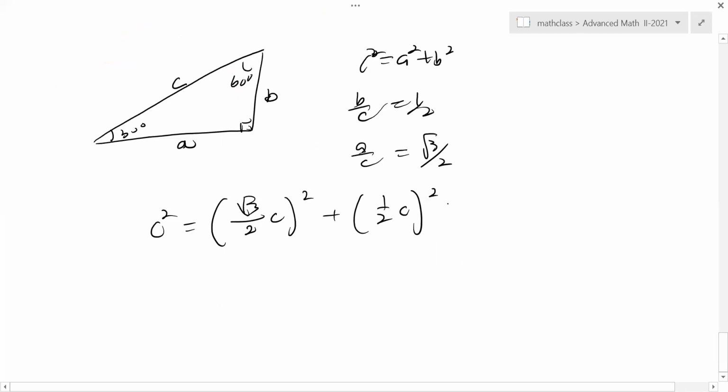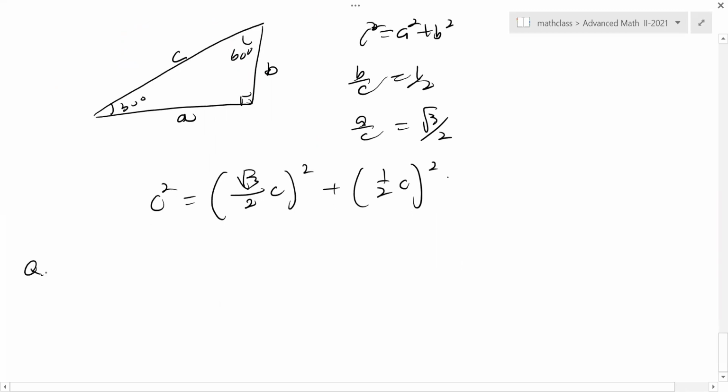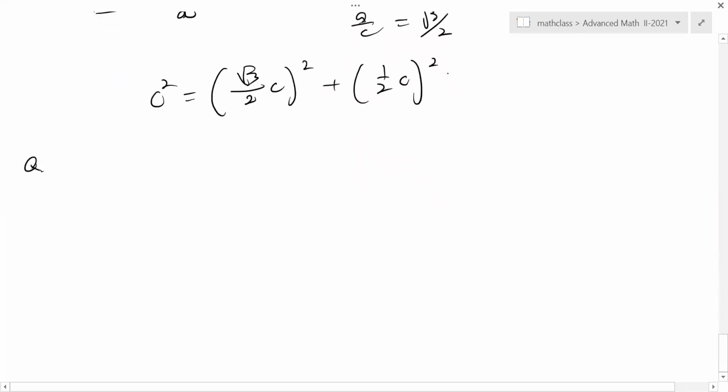All right, now a little bit more general, okay? If you are given a triangle, an isosceles triangle, okay? This side is A, this side is A, and this side is B, okay? This isosceles triangle.